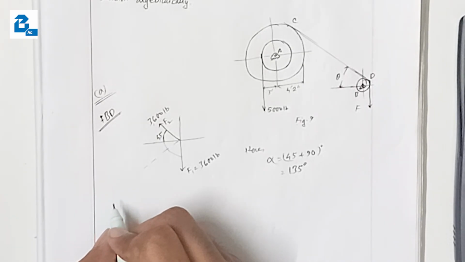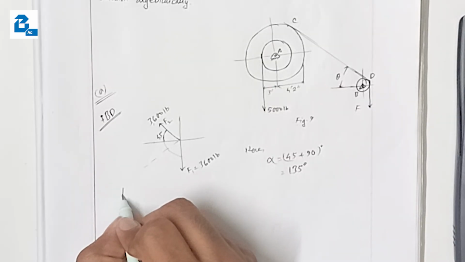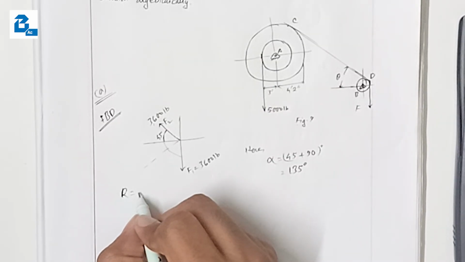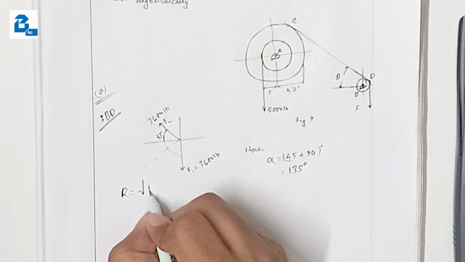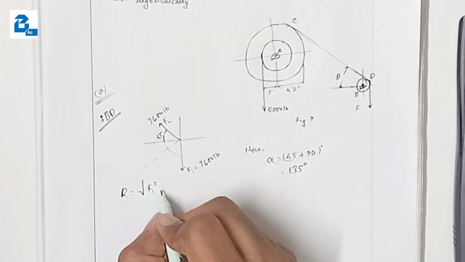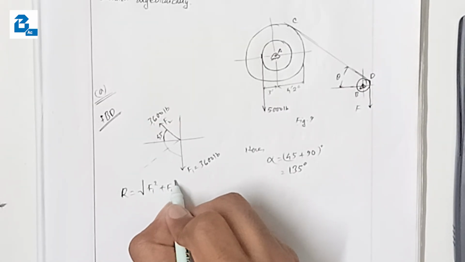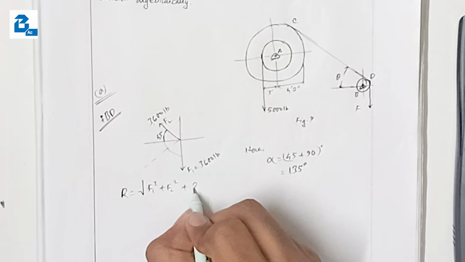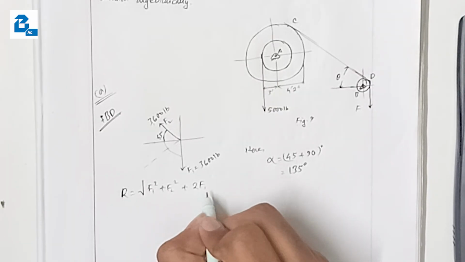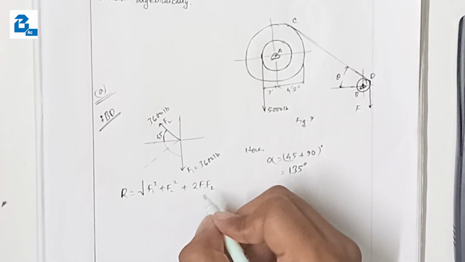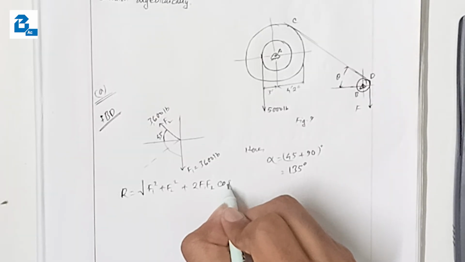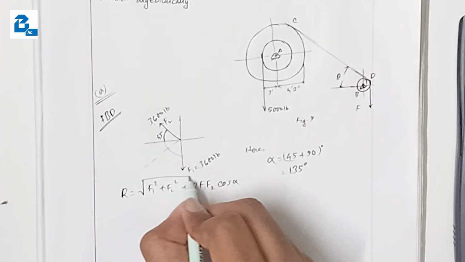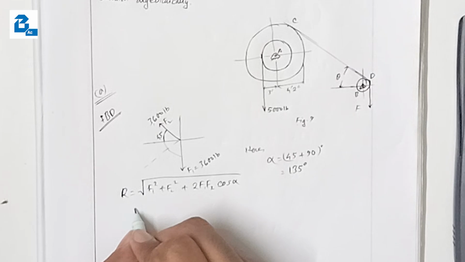For the magnitude of the resultant, we will use the formula R equals root over F1 square plus F2 square plus 2 into F1 into F2 cos alpha. Let's apply the values here.